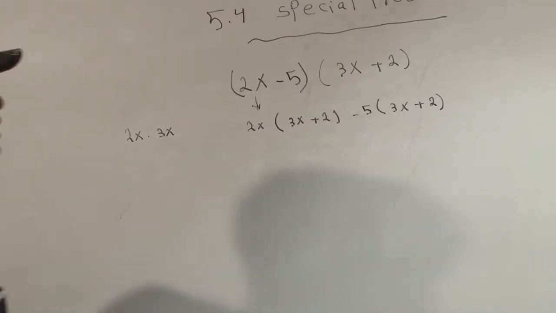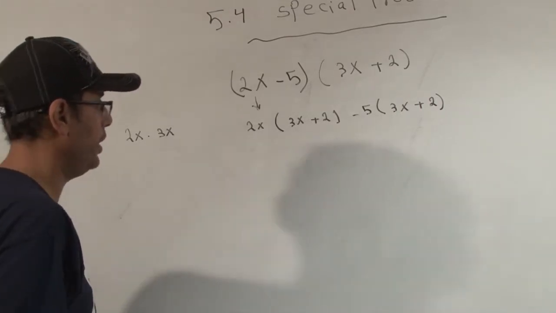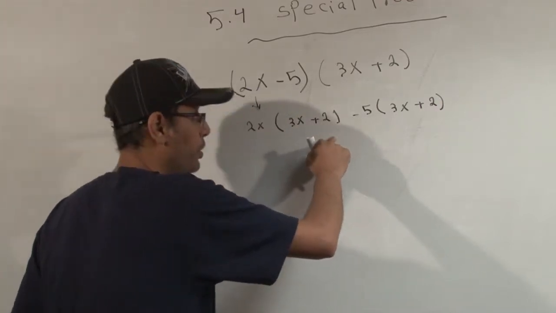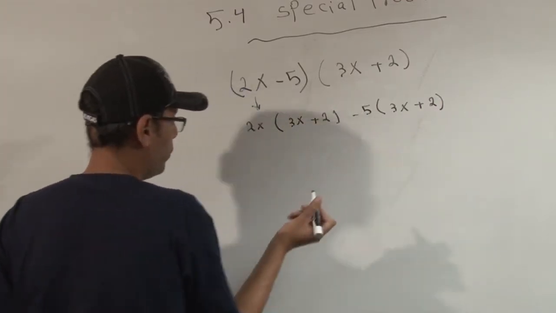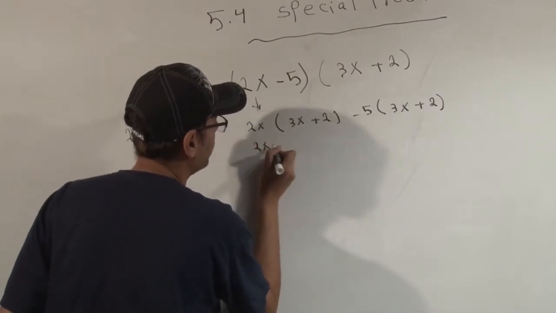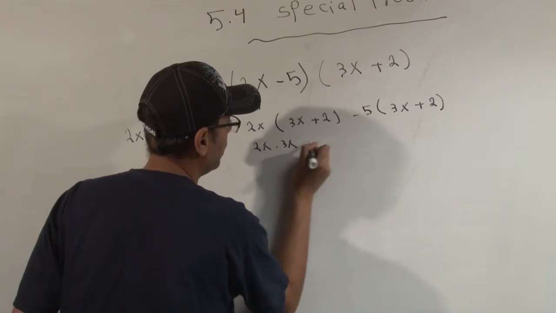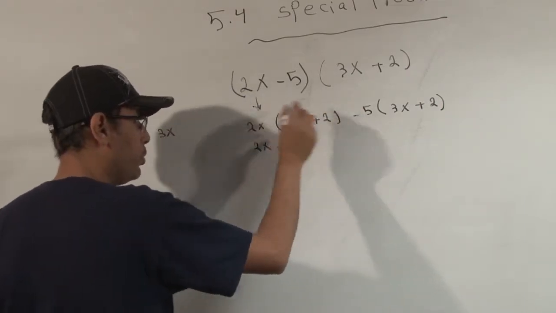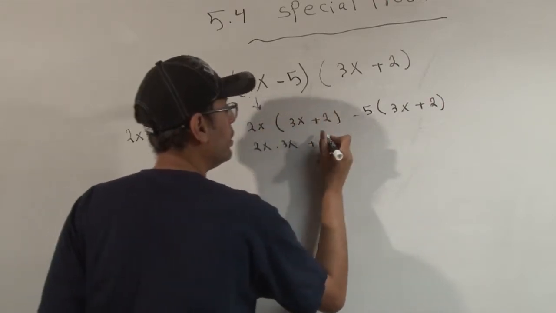The second step would be easier than this step, which is to distribute the 2x with both of those terms. So let's go through that. That would be 2x times 3x plus 2x times 2.